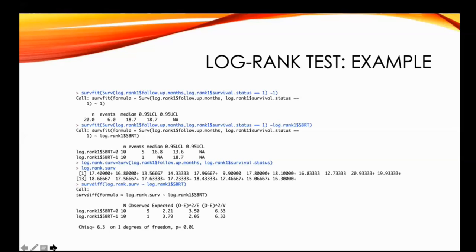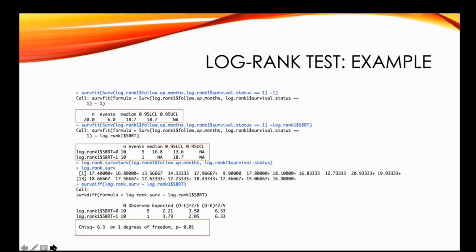And for the patients who did get SBRT, there's only 1 event, and the median survival was not applicable, and it gives the 95% confidence intervals. Then we can pull up the survival function, and we see each time point in months, and a plus sign means that a patient was censored at that time.